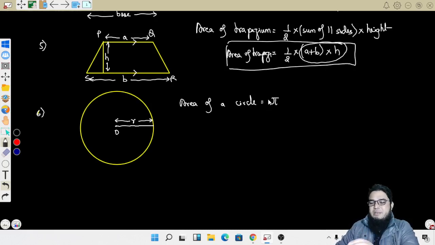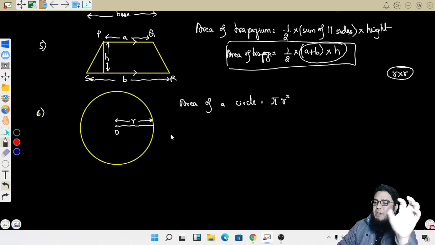R square means R into R, so again you are multiplying two figures so as to get the area. Pi is constant, so we have to see what the variable is. This is R, so it gives you R square to get the area. In a similar way, the perimeter of a circle.